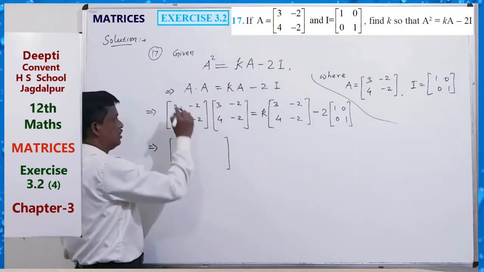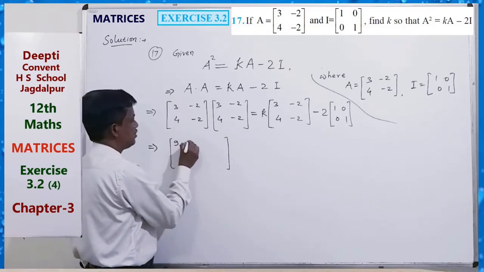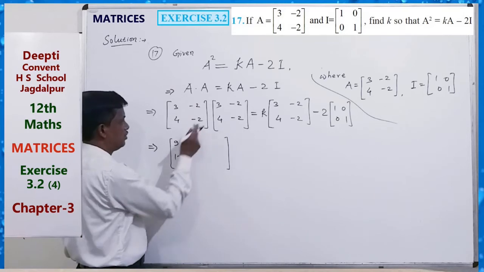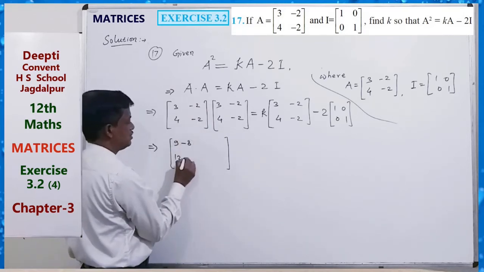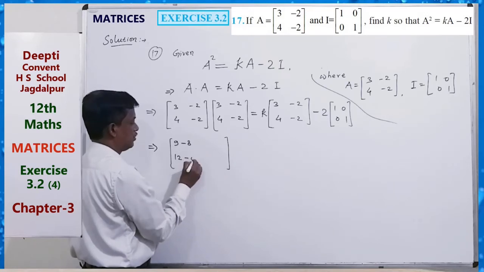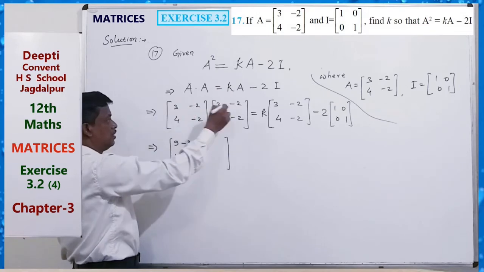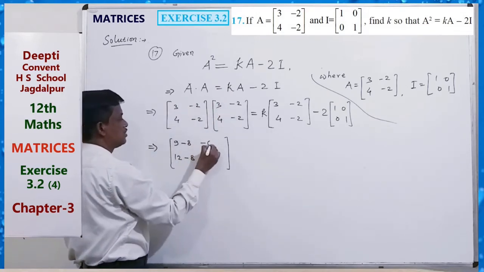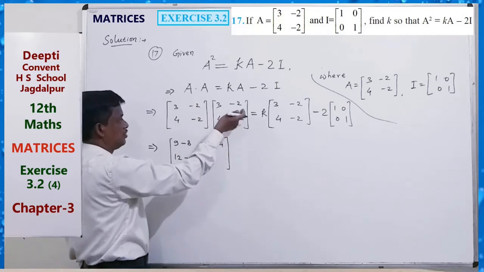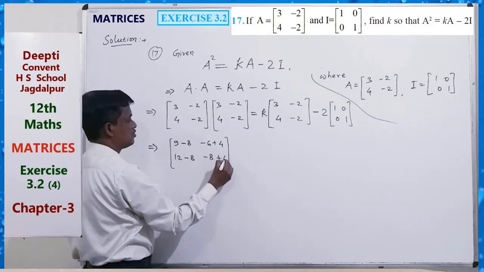This column goes to here, so 3 into 3 is 9 minus 8, 12 minus 8. Same, this line goes to here, so minus 2, minus 6, plus 4, minus 8, plus 4.